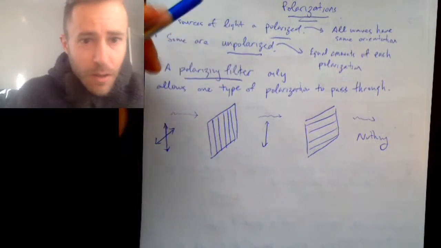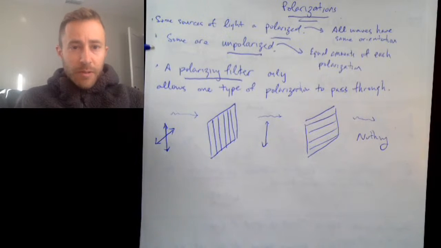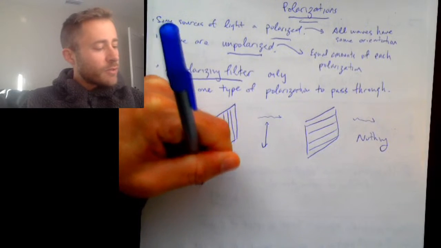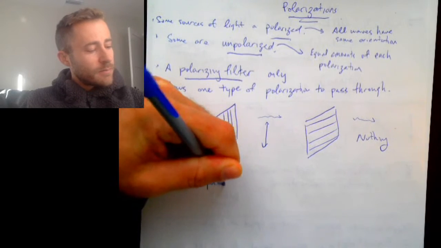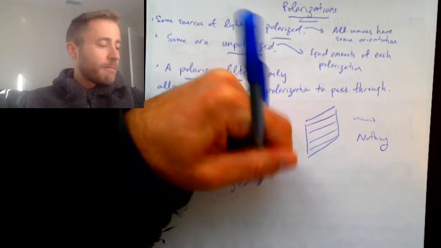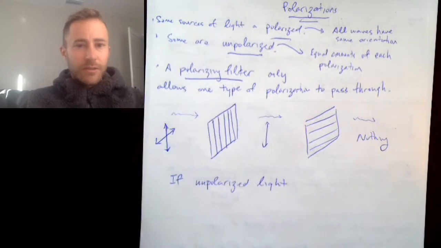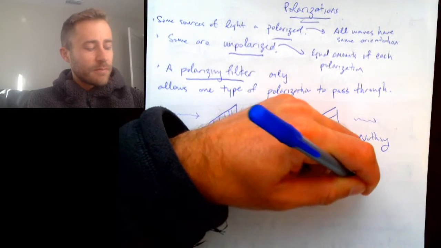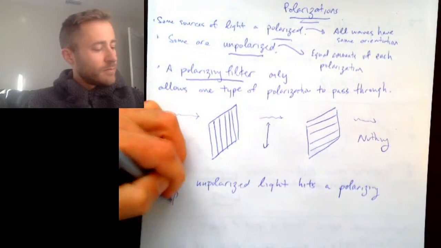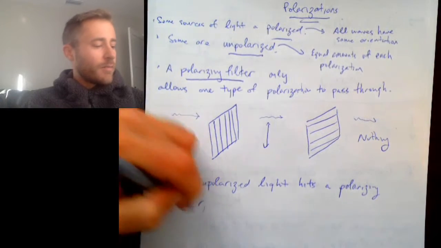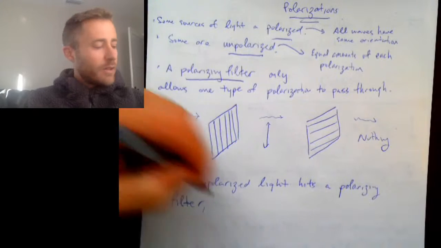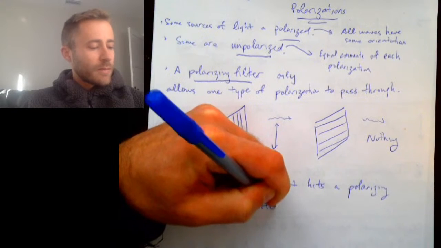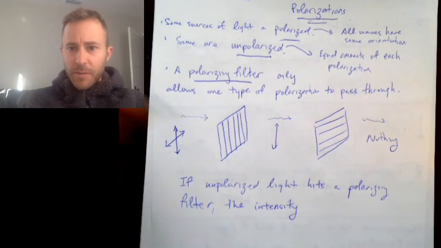So a general rule of thumb is that if unpolarized light hits a polarizing filter, the intensity, so I want you to take a guess. Type it into the chat.